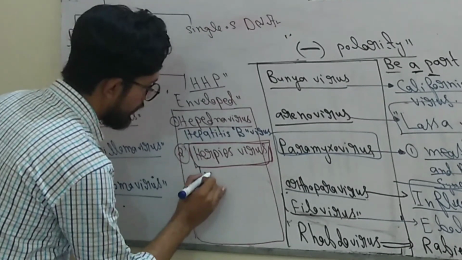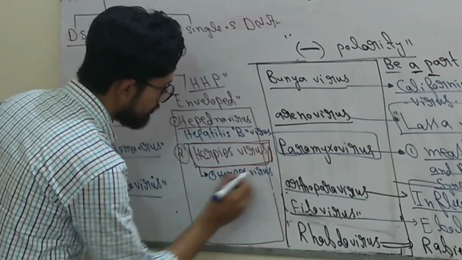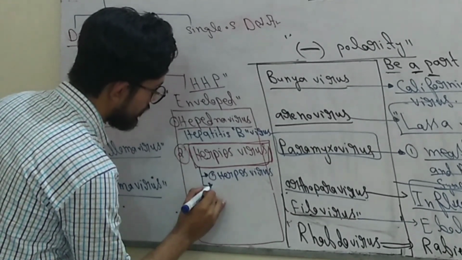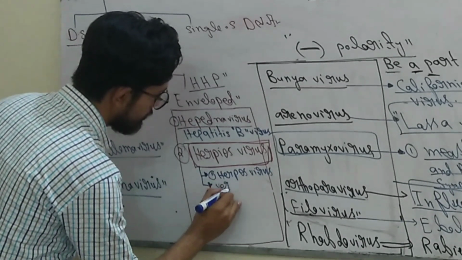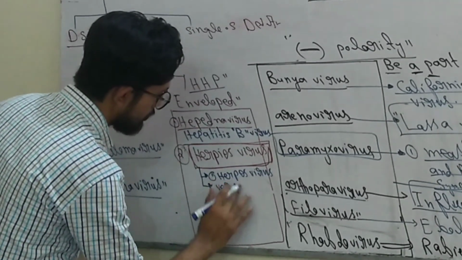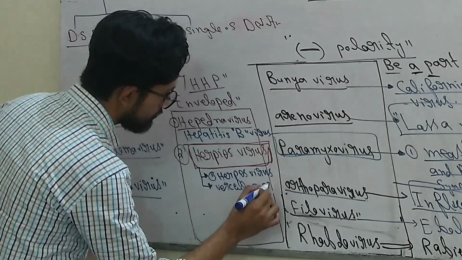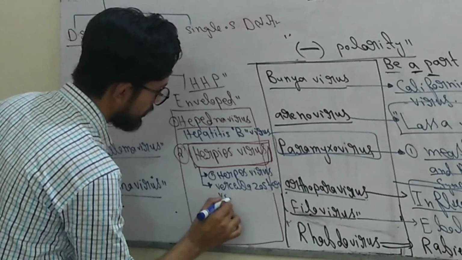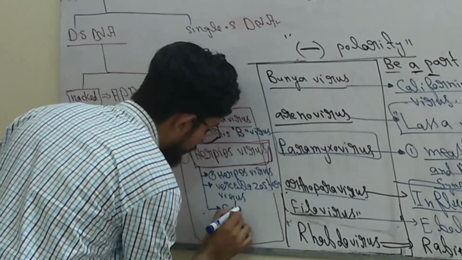The herpesvirus family contains, first of all, herpes simplex virus. The second one is Varicella zoster virus, and the last one is cytomegalovirus.